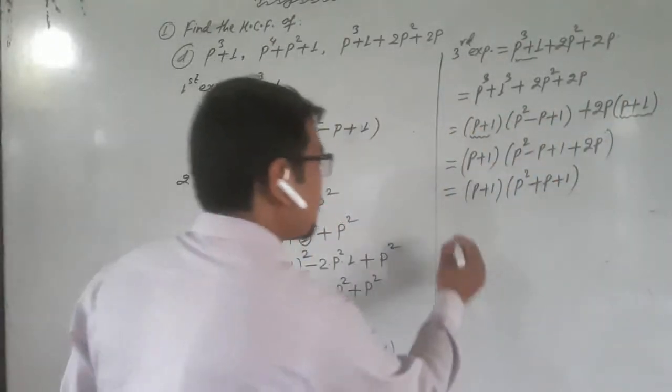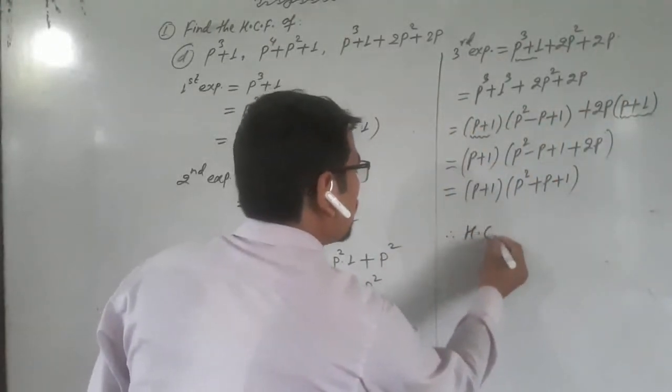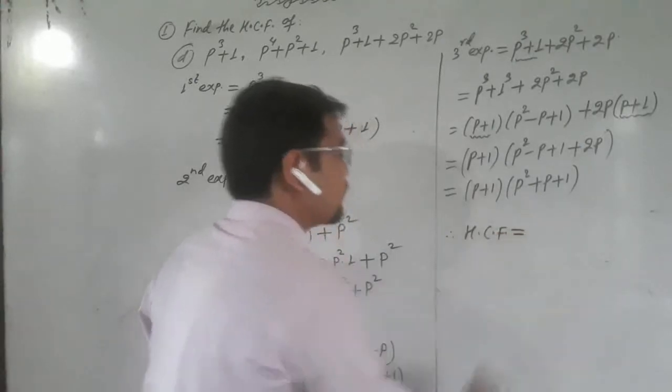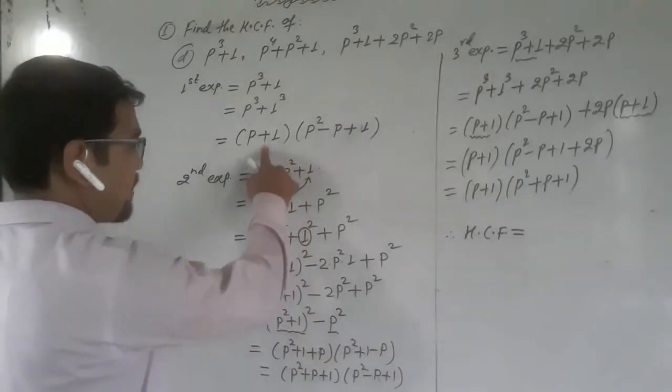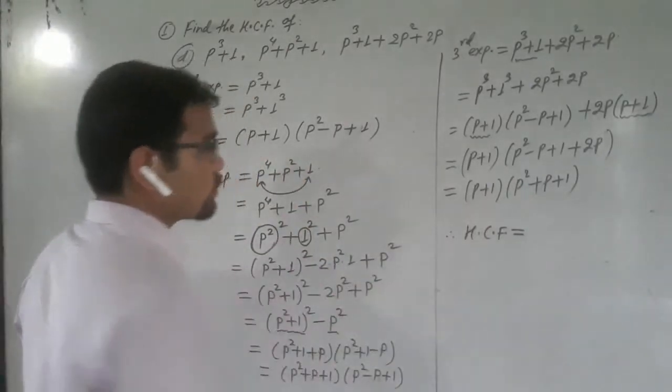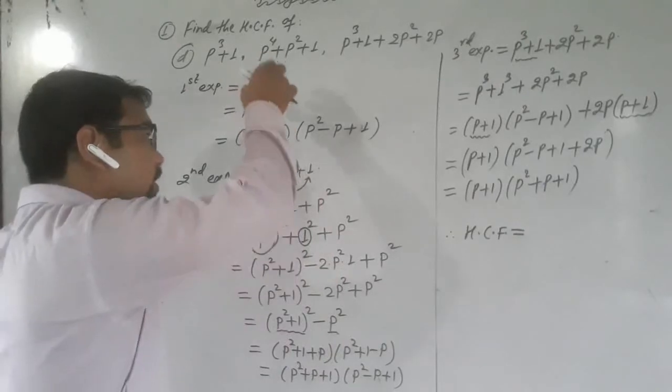Therefore HCF is equal to the product of common factors. What are the common factors? You can check p plus 1 is in the first and third expressions, but not in the second, so it is not common. It should be common in all the expressions.